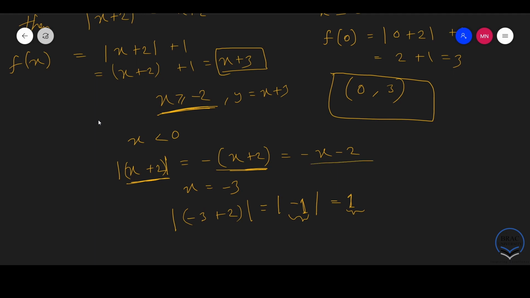So when x is, okay, so I made a mistake here. This should have been minus 2. So this was the case for when x is less than minus 2. Previously, we looked at the case when x is greater than or equal to minus 2. And now this is for x less than minus 2.